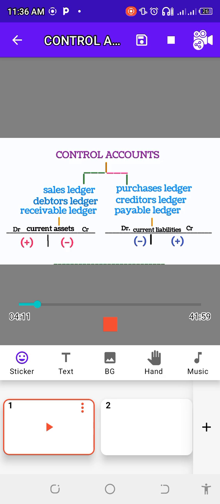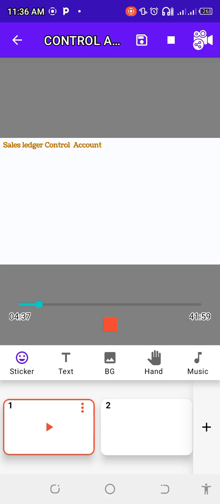We put plus, which is the side it increases, and we put minus on the side that it decreases. We are going to take a look at all the sales on credit made in the period and all the payments made in the period. That is all the sales ledger control account is about.